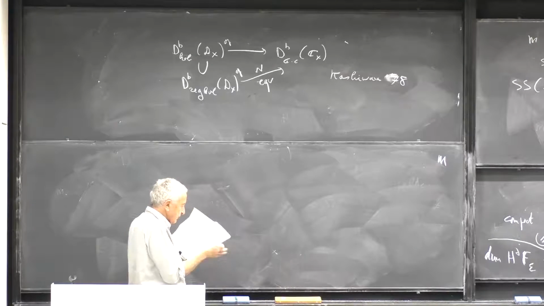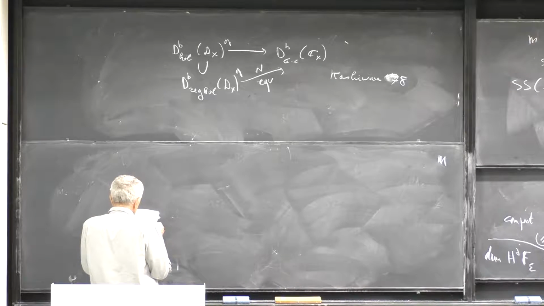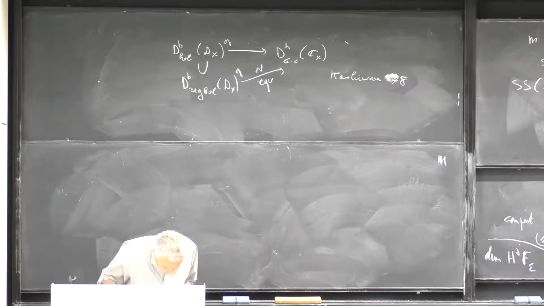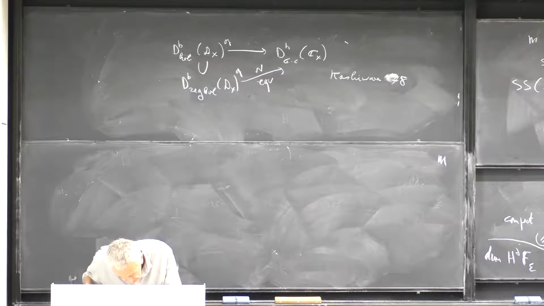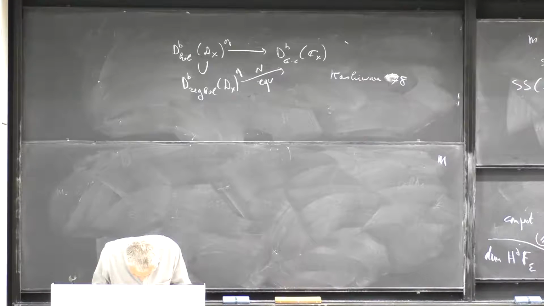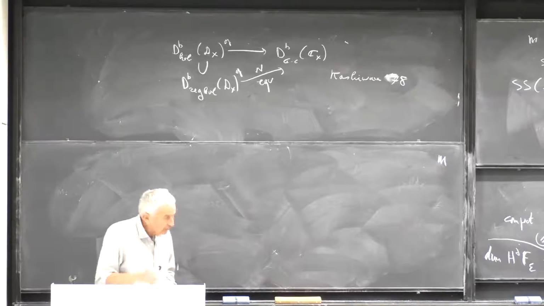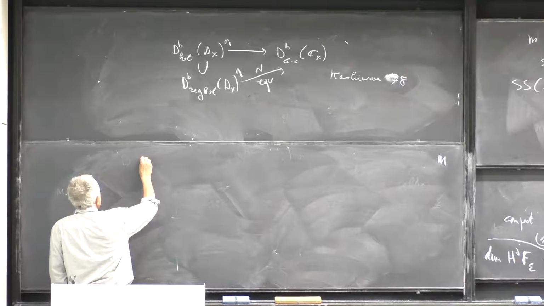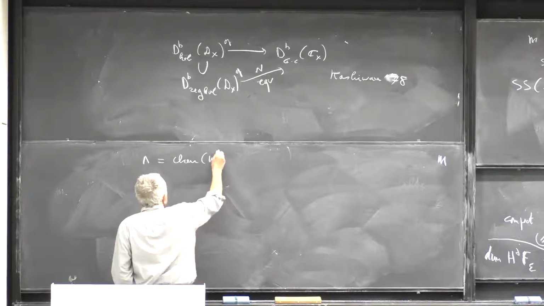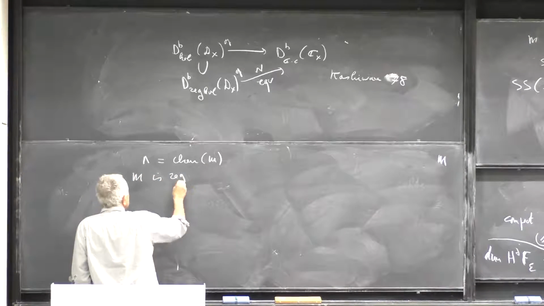So what is the definition of regular holonomic? I lost it, of course. I know it, but, okay, I forgot. I'm lost. So let lambda be the characteristic variety of M, which is Lagrangian.